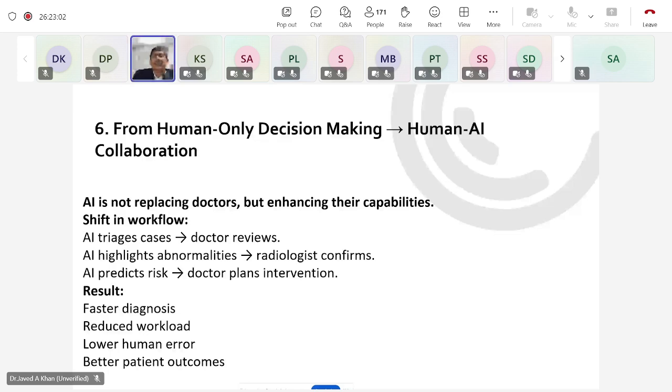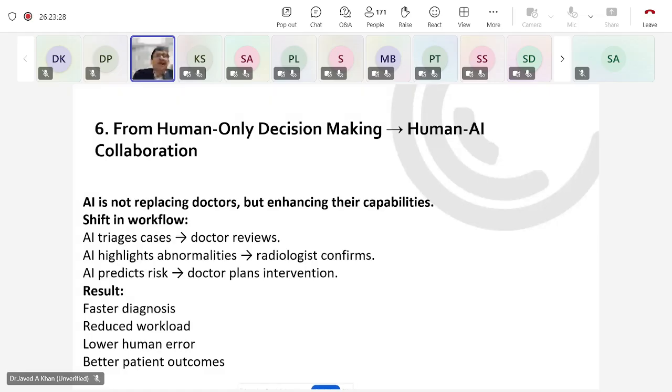Human only decision making to human AI collaboration. We can make the collaboration through the machines as well. So AI is not replacing doctors, but enhancing their capabilities. The shift in workflow is: AI triages cases, doctor reviews it; AI highlights abnormality, radiologist confirms it; AI predicts risk, doctor plans intervention.